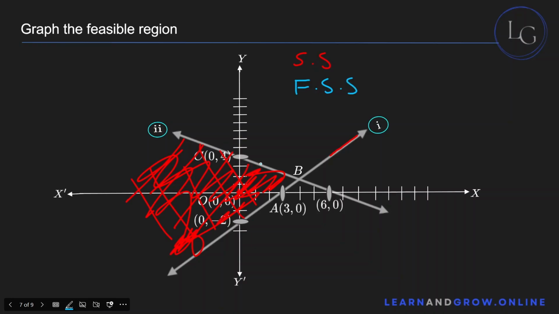So the feasible solution set lies in the first quadrant, which is this here, right? This is the first quadrant. So we will shade the solution set that lies within this first quadrant, and that is this here, right? So this is the feasible solution set.